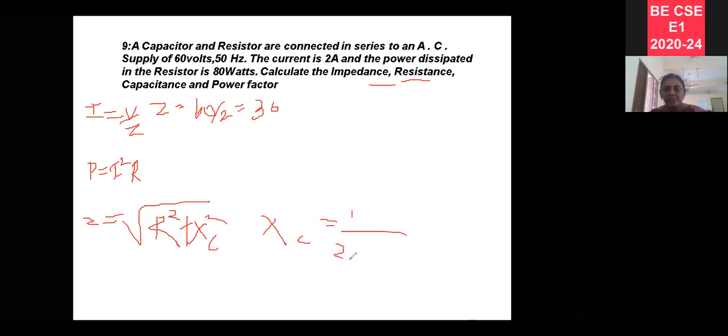So frequency is given. What is the frequency? Frequency is 50 Hz. So apply that and find out the capacitance value. Fast, find out the capacitance value. I will wait.